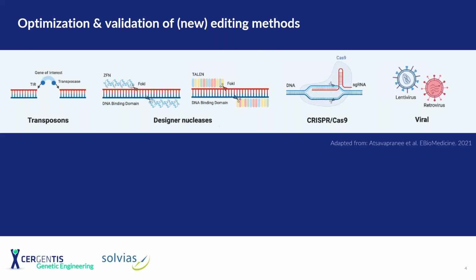All of these tools, of course, come with their own set of pros and cons. If we take the example of CRISPR-Cas9, the system has generated a lot of excitement because it is faster, cheaper, more accurate, and more efficient than other genome editing methods.